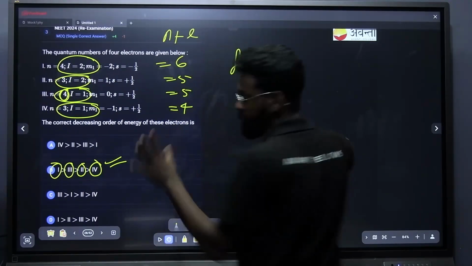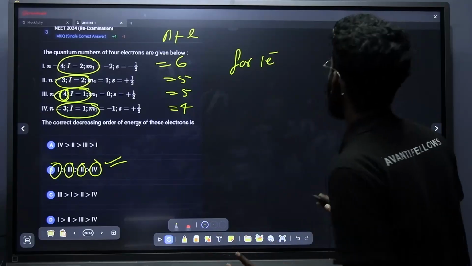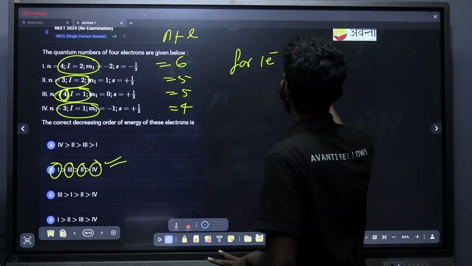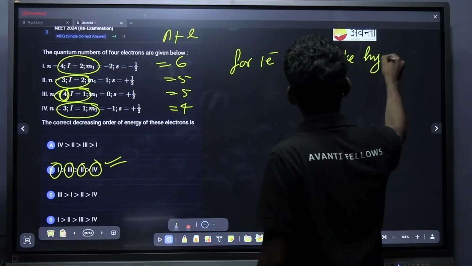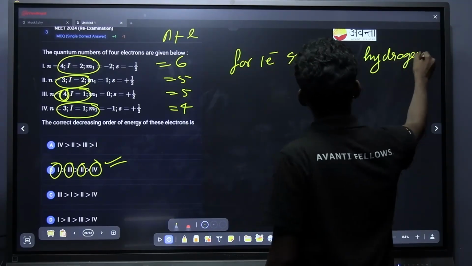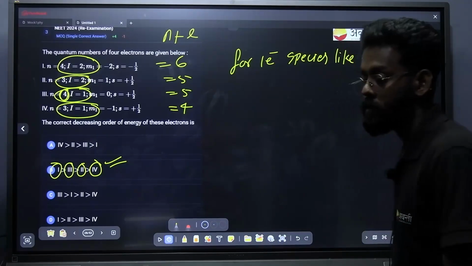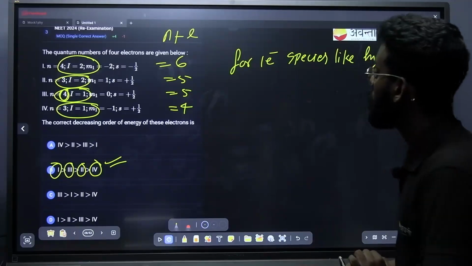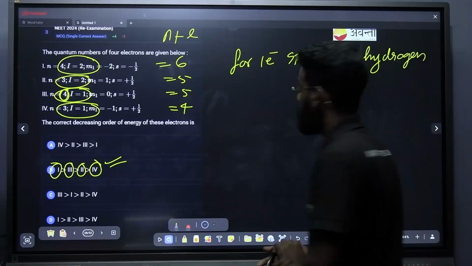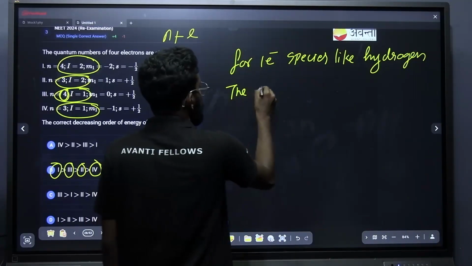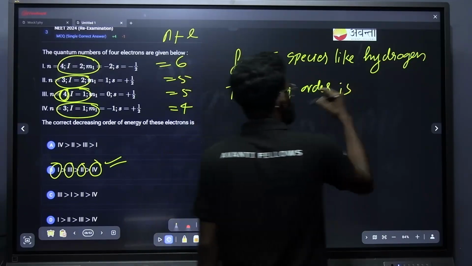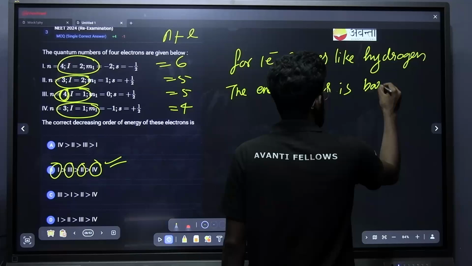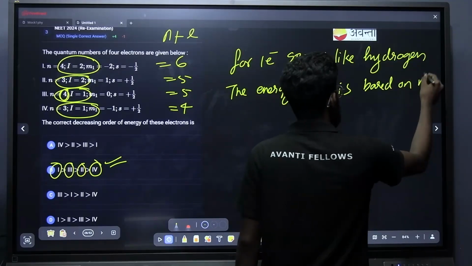Now, I just missed one point. For one electron species like hydrogen, what is the order of energy?